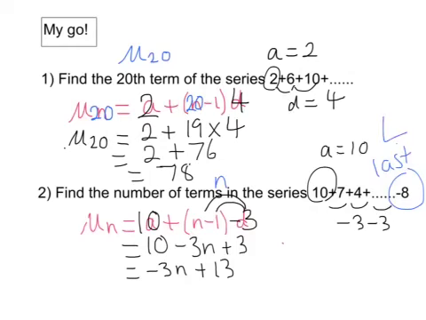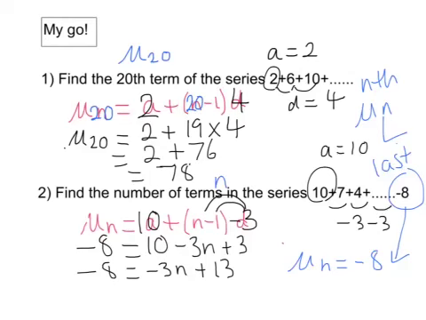The letter I use for the last is L. I could also use u to the n, or I could say it's the nth. It's basically the last term. So what I'm saying here, very subtly, is that u to the n is minus 8. So a minus 8 can go into here, and then we're home and dry and we can solve it.